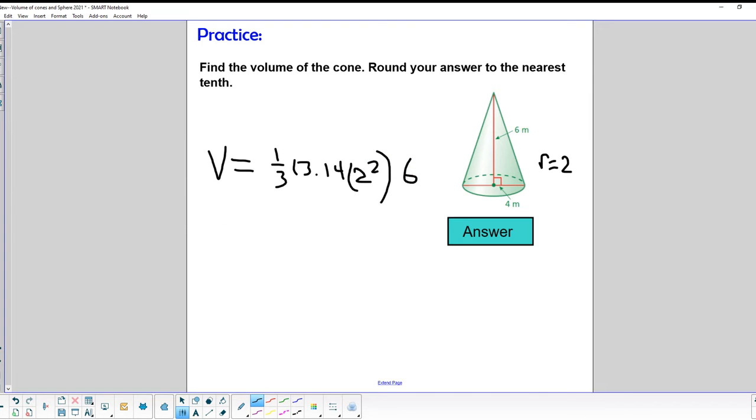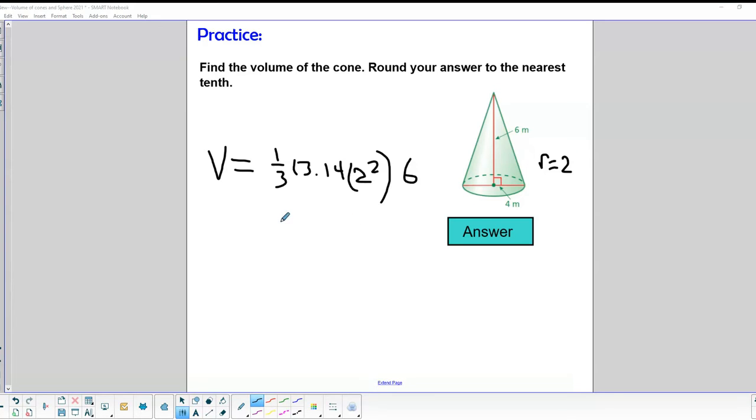All right, calculator time. So 1 divided by 3 times 3.14 times 2 squared times 6.